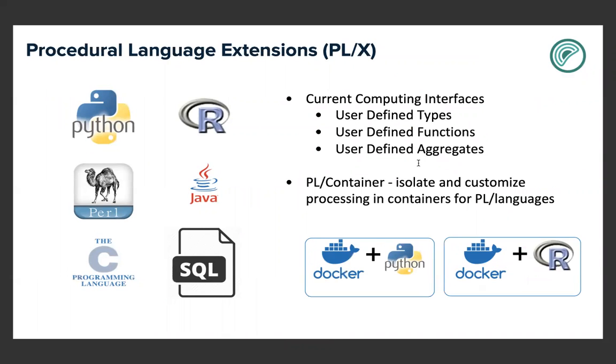Greenplum also provides procedural languages. Users could use their own familiar languages like Python, R, Perl, Java to write logic to process data in the Greenplum database. And also PL/Container helps isolate and customize processing in containers for PL languages.